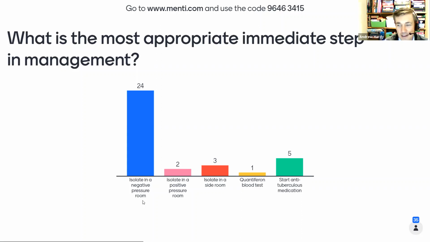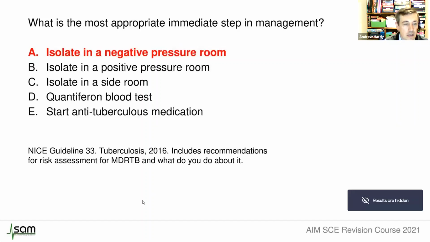But I agree, there's sometimes a difference between real world practice and the exam answer, but that is the preferred answer in the exam. As I say, you'd be a little bit unlucky to get TB in the exam because you probably don't see it that commonly in an acute setting. But the NICE guidelines there, NG33, if you wanted to have a look at it.